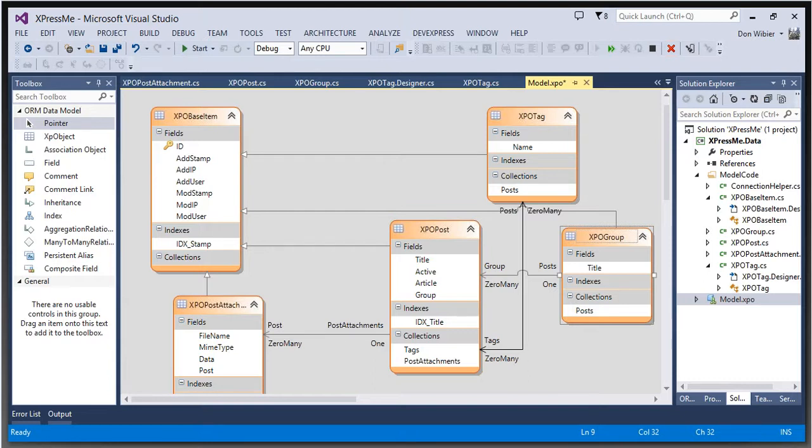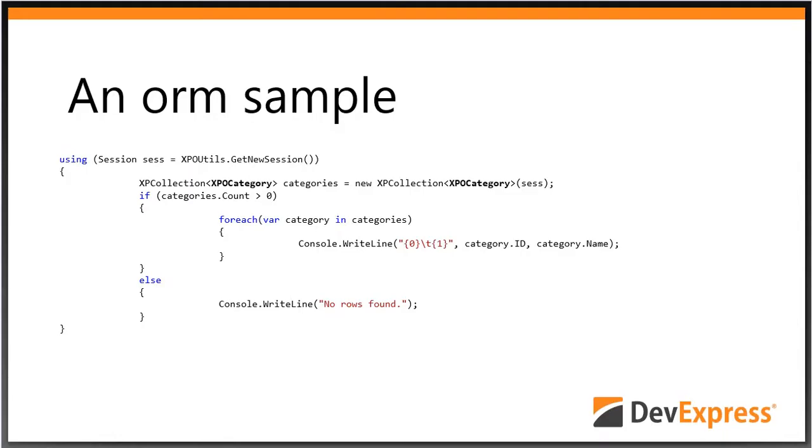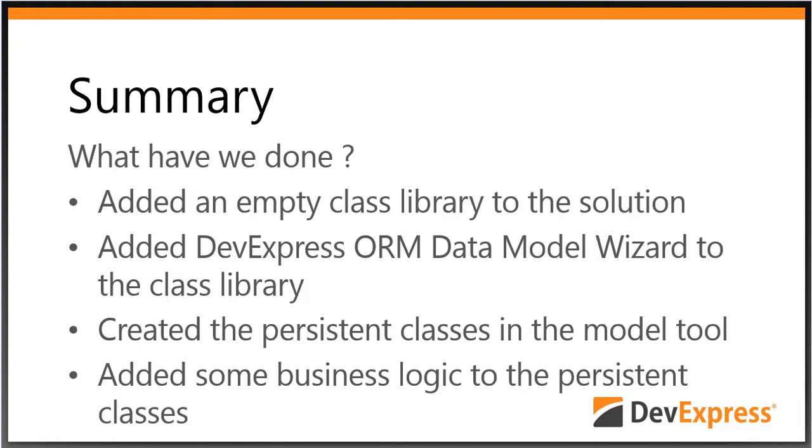And I'm going to show a small summary of what we have done so far. We have added a class library to an empty solution. We have added the data model wizard to that class library, and we have set up that model.